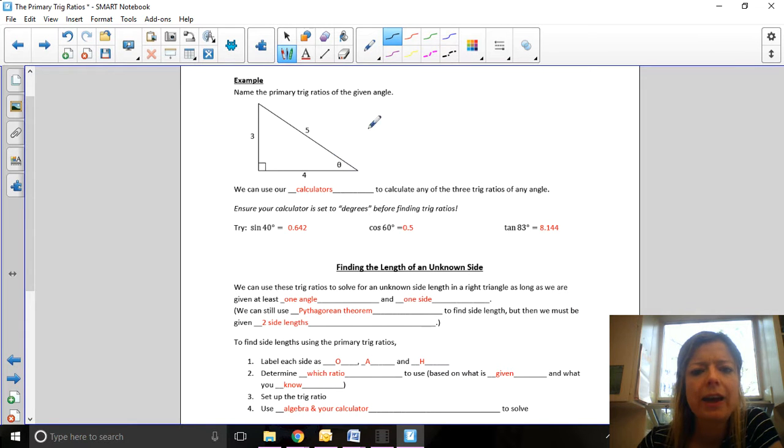Okay, so here's a theta. It's an unknown angle, and they're asking us to name the primary trig ratios of this given angle. So what that means is that they want us to tell them what is the sine of theta, what is the cos of theta, and what is the tan of theta.